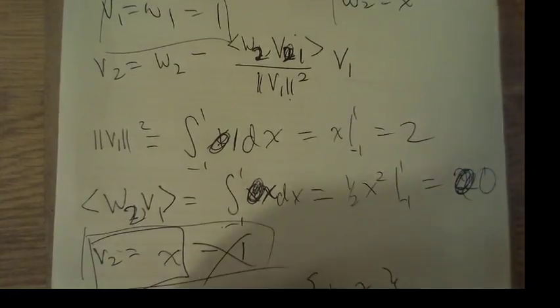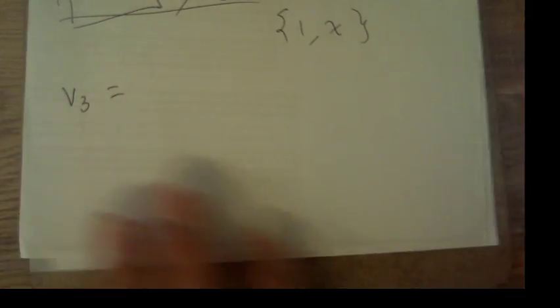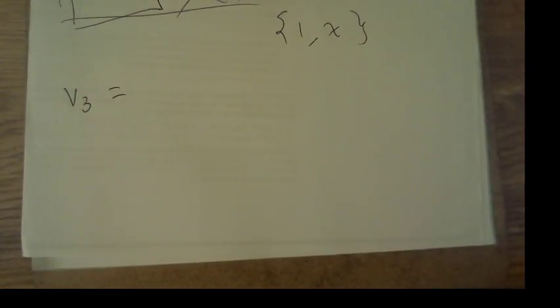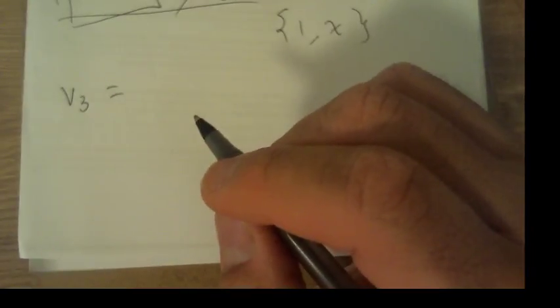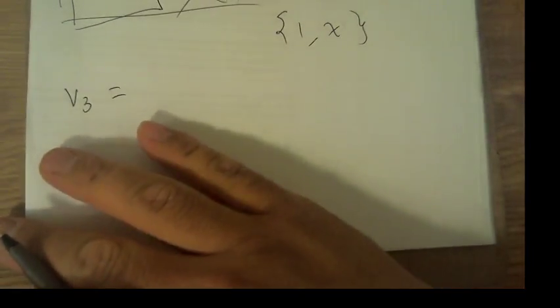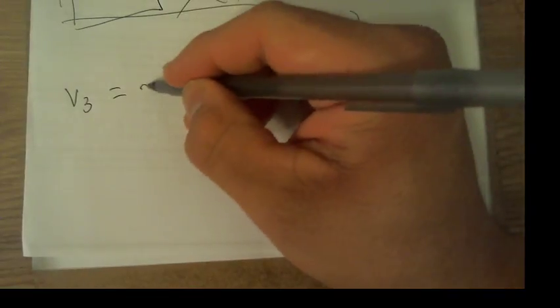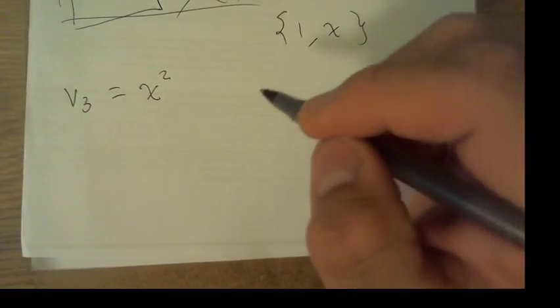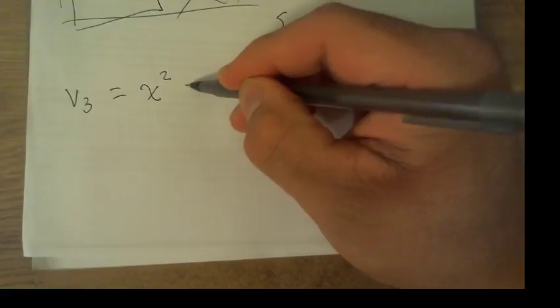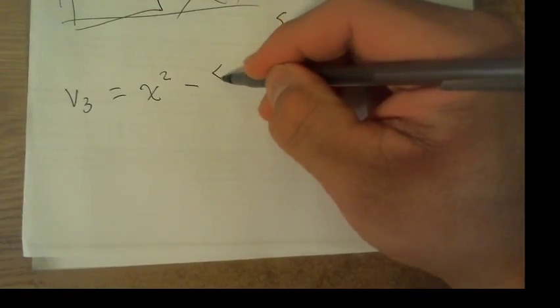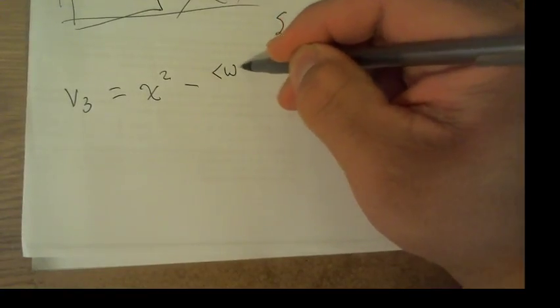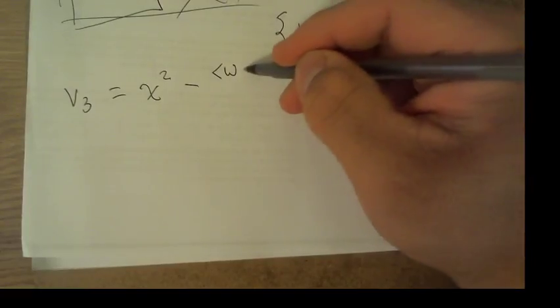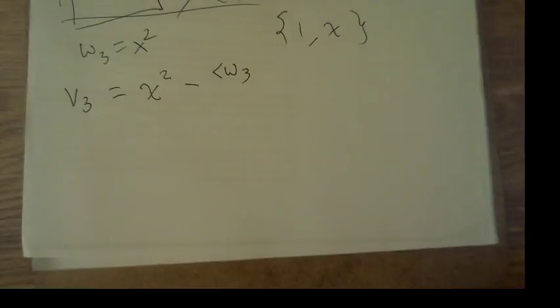All right, and now let's look at V3. In this case, we'll get from -1 to 1, we'll get W3, which is x squared. And then minus, here we'll get W3, and again, here W3 is x squared.